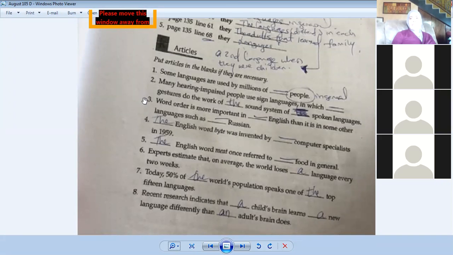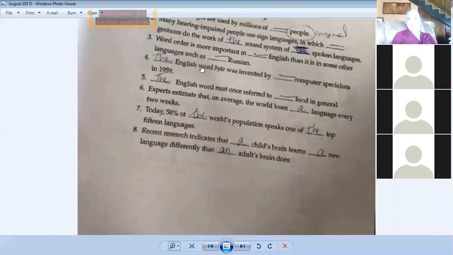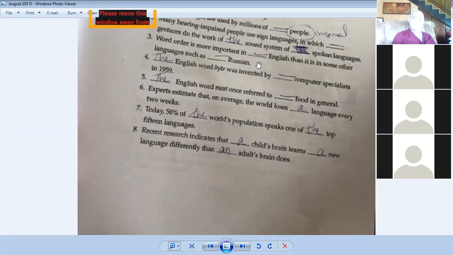Let's move on to 3, and you can go back to the text itself. This is how it is used and written, all right? We want to move on to word order right now, okay? Word order is more important in English when we talk about languages, guys, like this. Languages, what do we have before it? No article. We say, I speak Arabic, I speak English, I speak German.